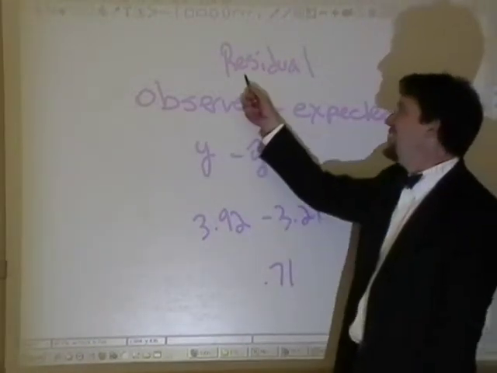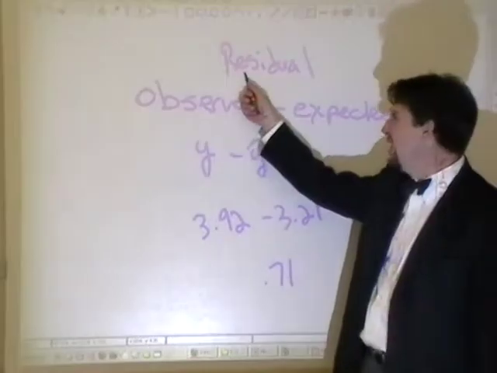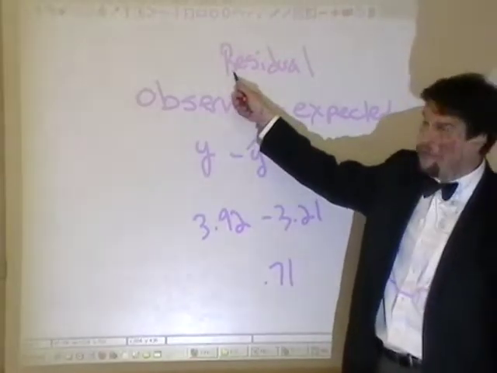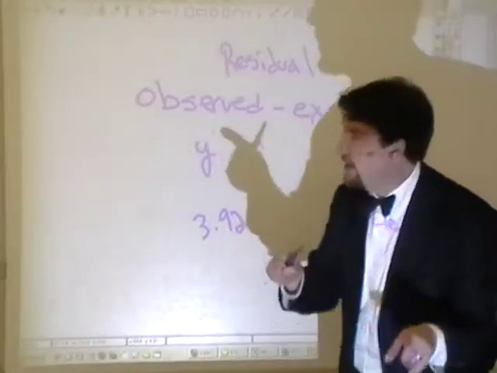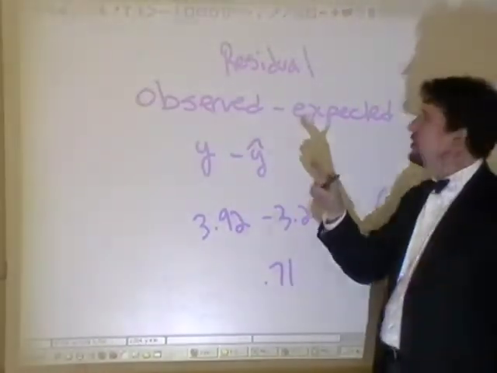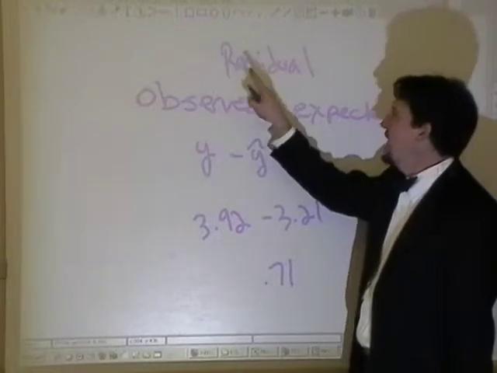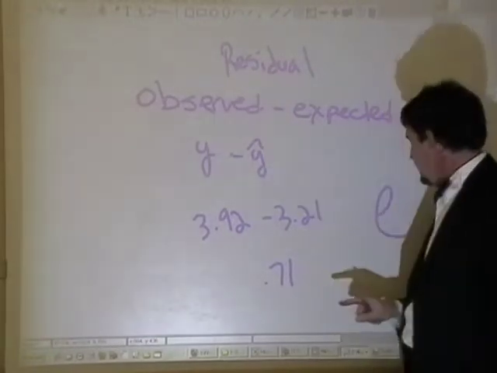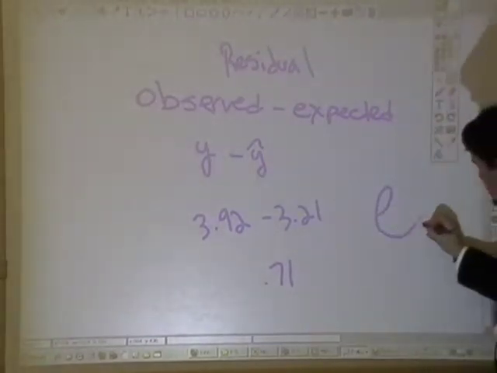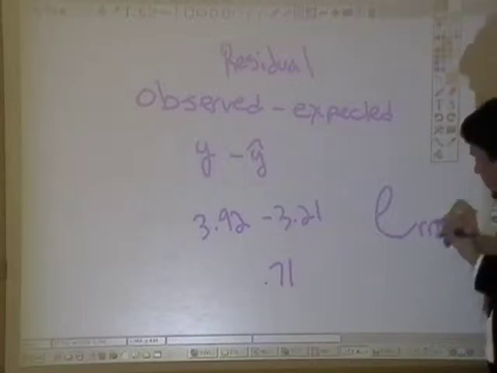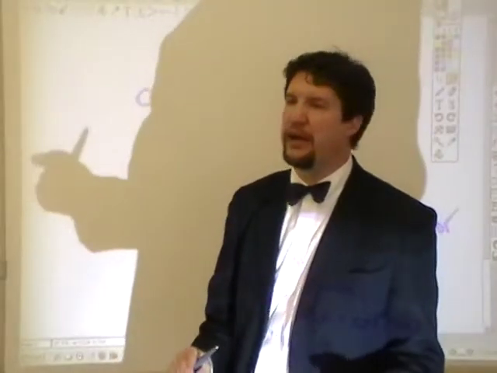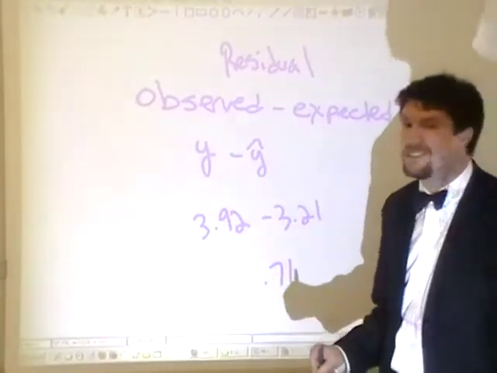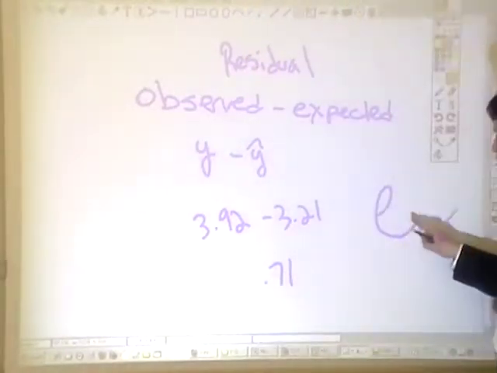No! It's not because it's the second letter in residual, because we can't use the first one, R, because R is the correlation coefficient. Nice try thinking that it was R. R is the correlation coefficient. It's E, and not because it's the second letter. It's E because E is for error. Thank you. Today's episode is brought to you by the letter E and apparently the number 0.71. It is E for error.